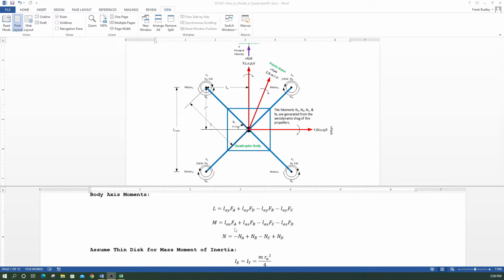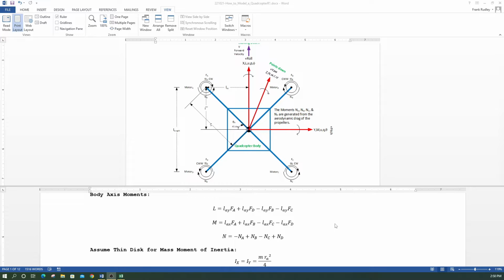So that's why NA is negative here, and NB is positive, because this motor's turning counterclockwise and would tend to cause a drag that would tend to make the aircraft turn right. So the sum of our moments is NA plus NB minus NC plus ND. So this is the equation to get our yaw moment, the moment equation for the body axis.